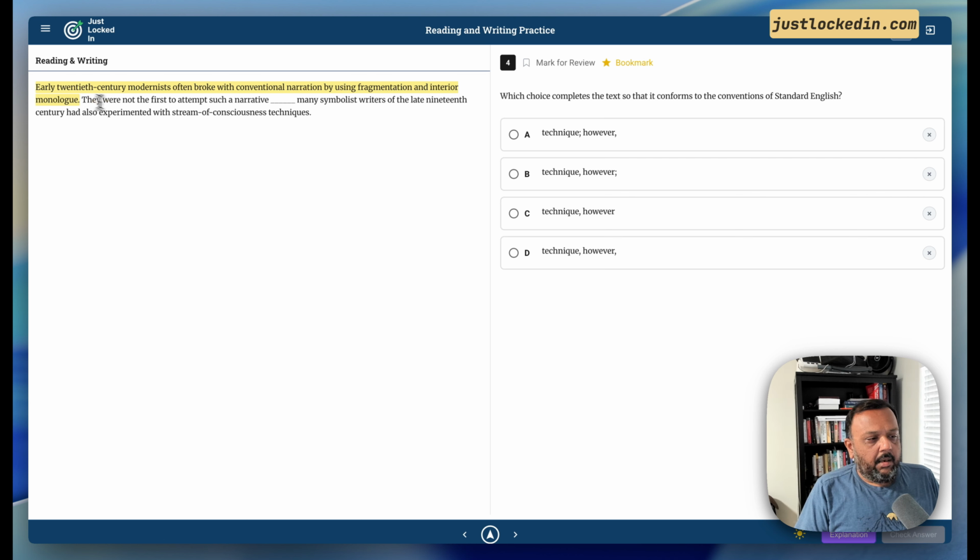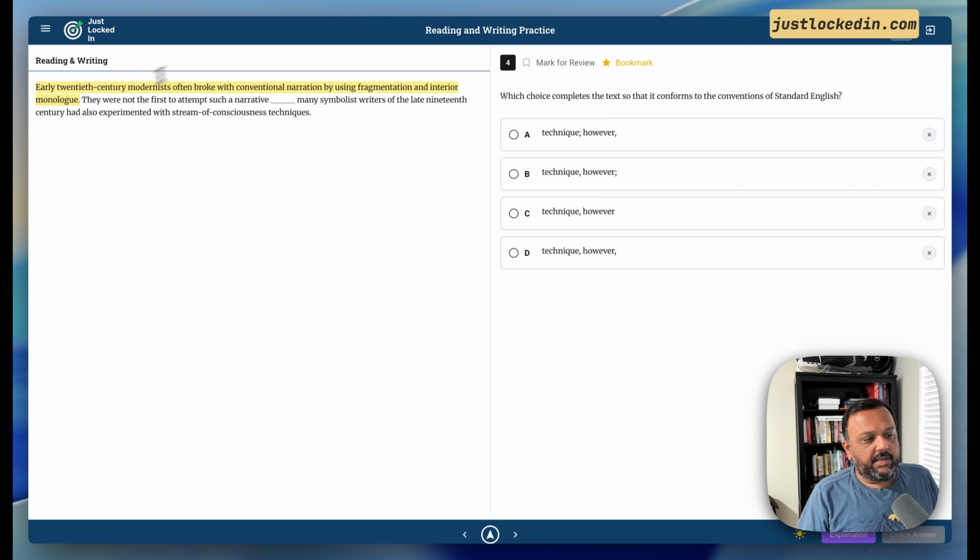Now, before we go to the options, let's just make sense of what it is trying to say. So these two sentences are saying that the modernists were not the first to attempt such a narrative. Many symbolist writers that preceded them also had experimented with such techniques.